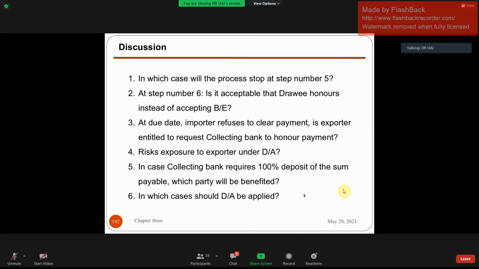Number 45. I only answer question one. Is that okay? Okay. I think the process stops at step number 5 in the case that the importer doesn't want to have the transaction anymore.